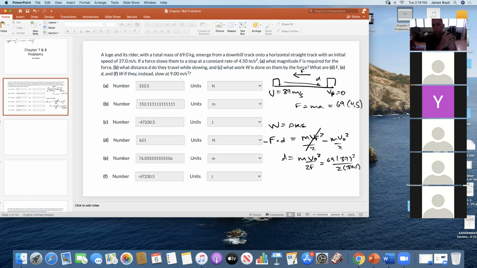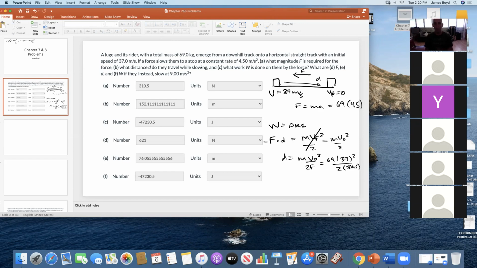So in this particular problem, it says right here, slows them to a stop, but that little tiny word tells you so much that you need to know. So you really need to read these carefully and understand what's happening. And then it kind of guides you through this problem and makes sure that you understand how force and distance are related to changing kinetic energy.